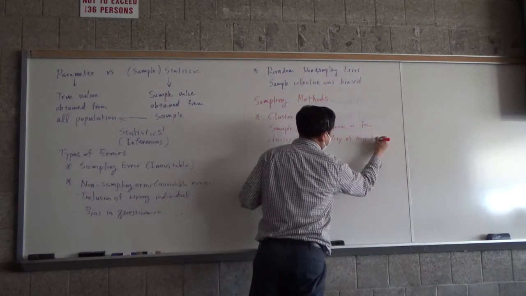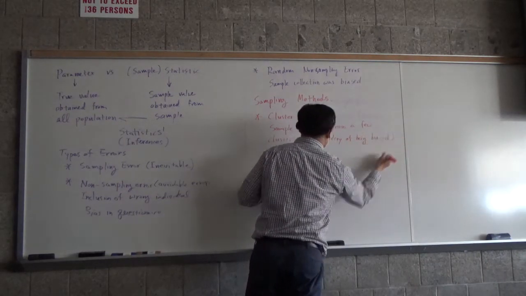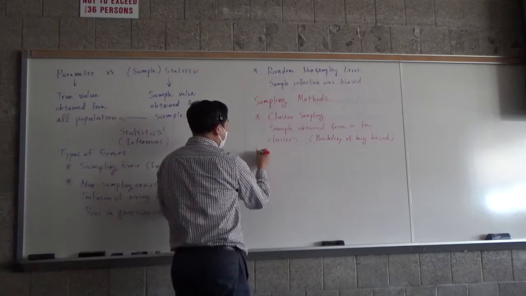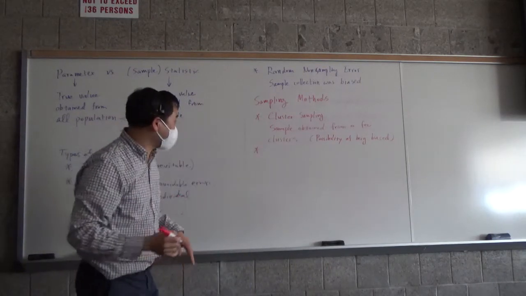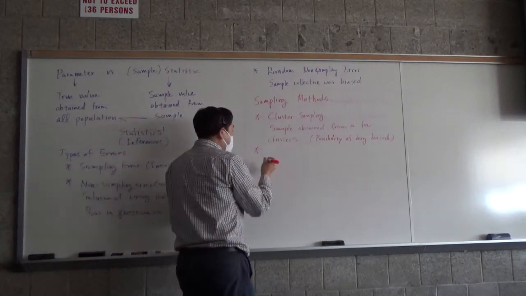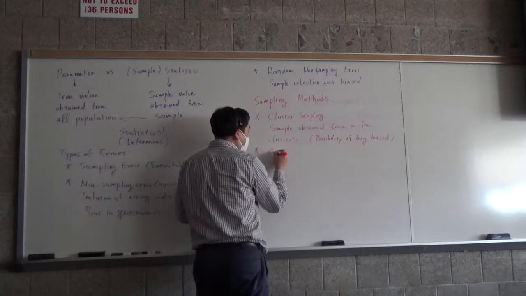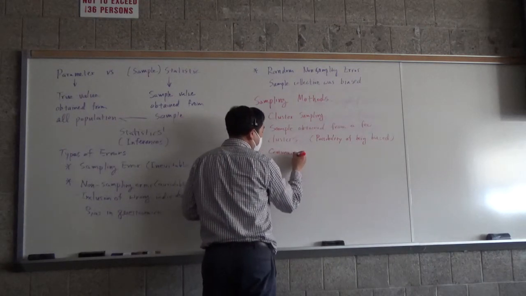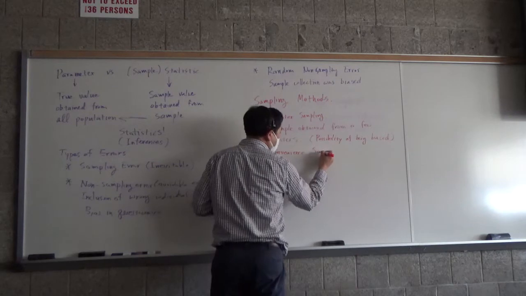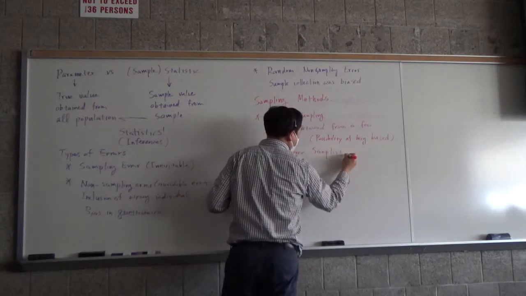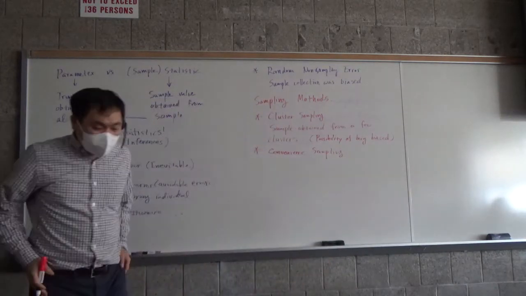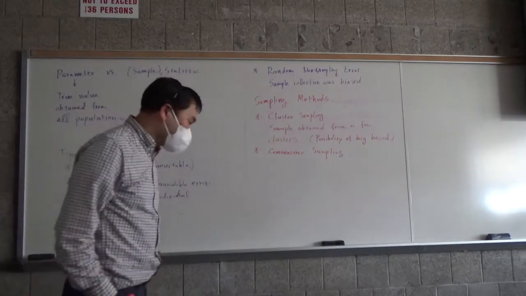Now, another similar kind of sampling, sometimes hard to distinguish the two, is called convenience sampling. Convenience sampling would be like you just make a web page and do a poll.